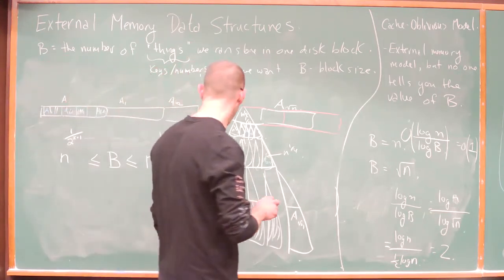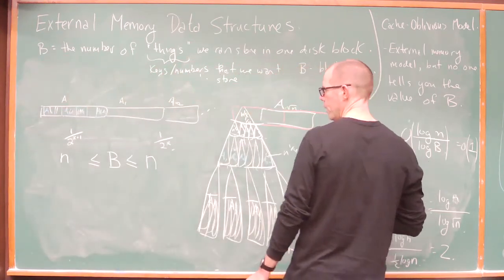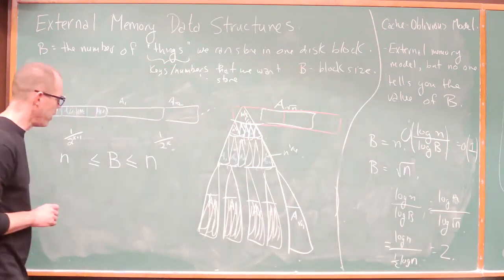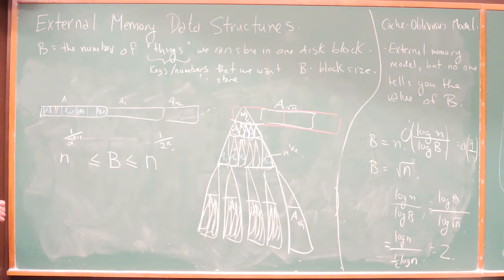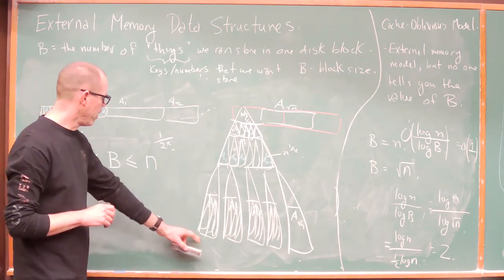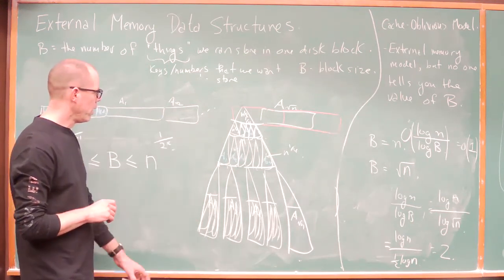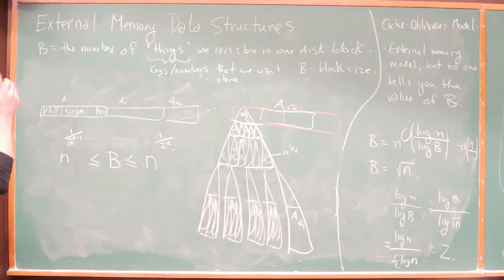We don't know it, but it does happen somewhere in this range, because we start at N and we go all the way down to 1.